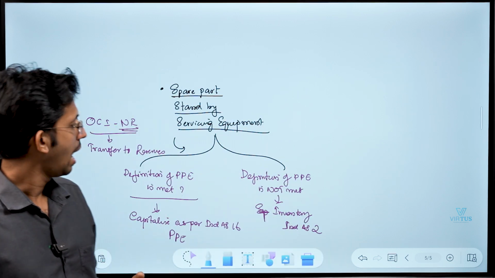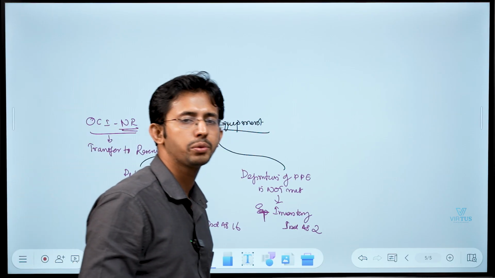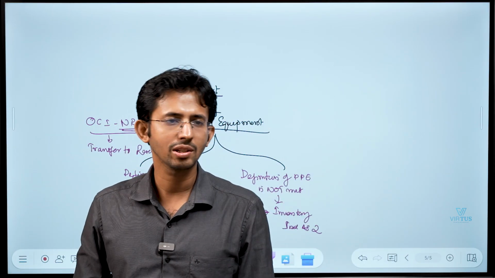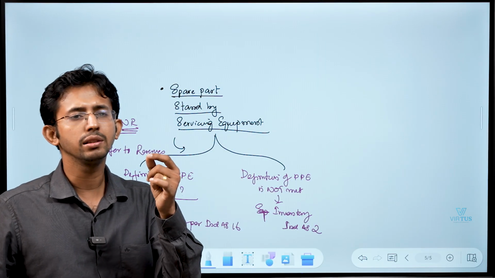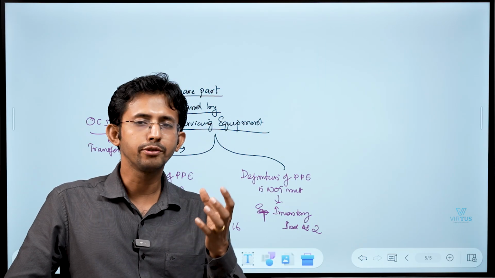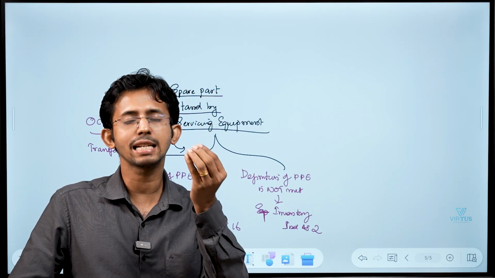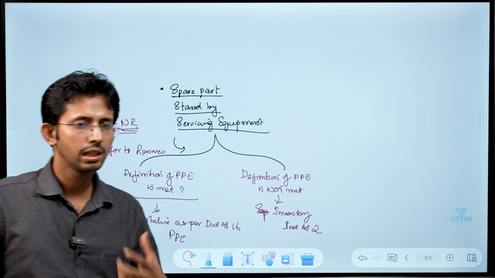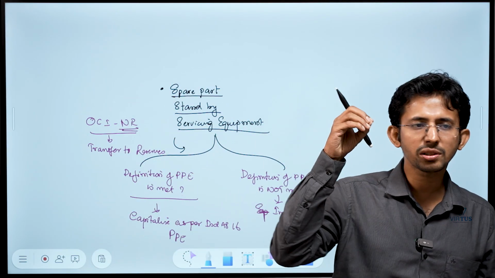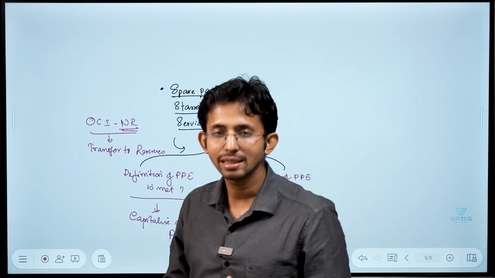Now another specific point which we have to disclose in the financial statements is the existence of any restrictions on title, or the information on the PPE pledged as securities for liabilities. Suppose you are holding property, plant and equipment, but you have restrictions on the title.